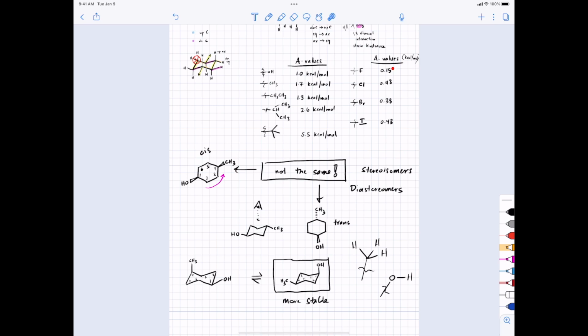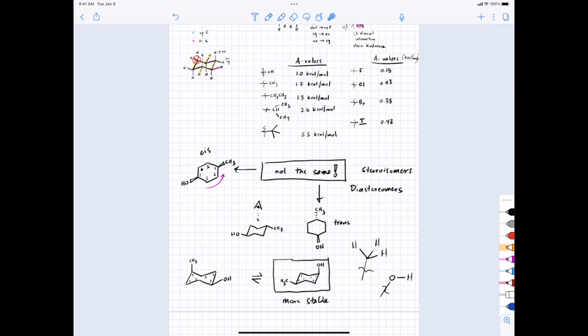And that's tricky because size increases, but bond length does too as you go down the halides. So that's a difficult call. I would give you the halide A values, or I can show you an example of that. But I'm really not going to be asking you which is better, to have chloro or bromo axial. This series tends to make a little bit more sense. The more things you put on the atom that's attached to the ring, the larger and more problematic it will be to have it be axial.